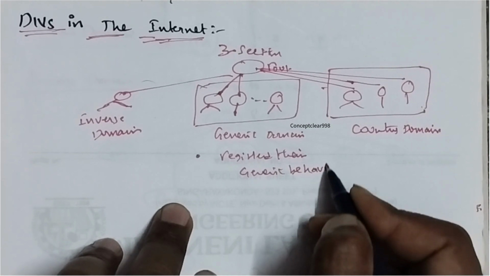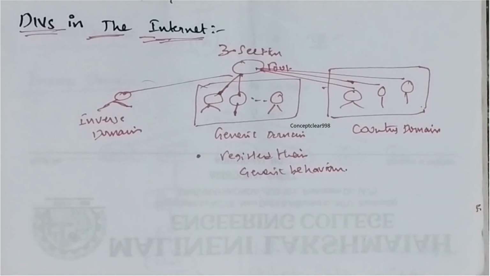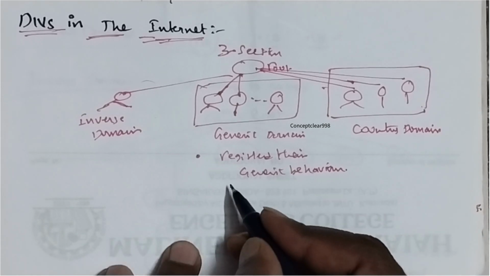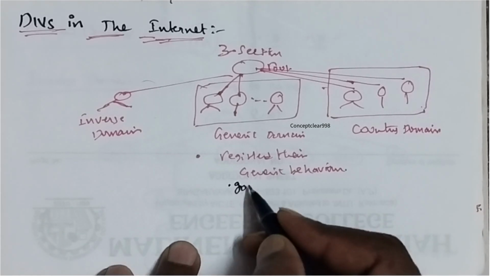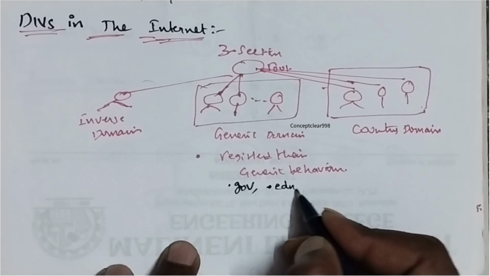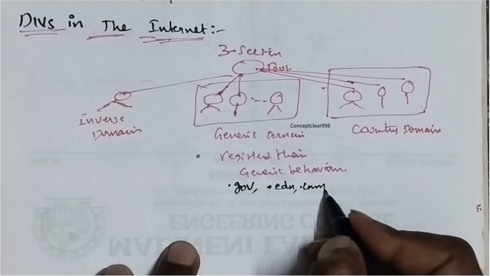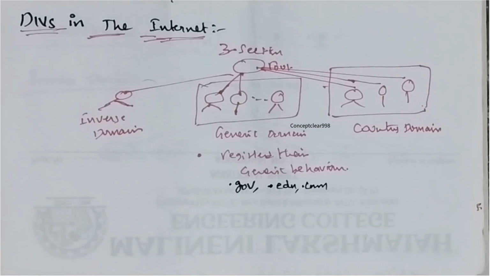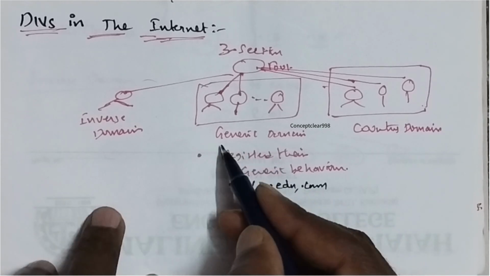For example, government organizations declare their websites ending with .gov, that is a government organization. .edu means educational website. .com means commercial purpose. These domain names are called generic domains.